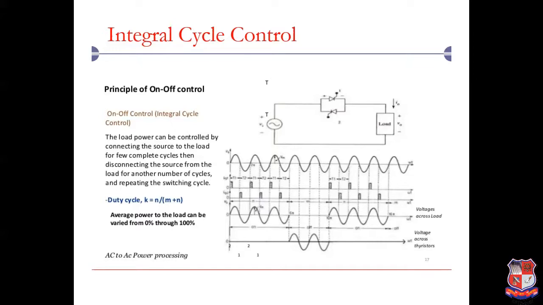For example, N is the number of cycles to be kept on and M is the number of cycles to be kept off. Then the duty cycle in this case can be calculated as duty cycle equals N, number of on cycles, divided by M plus N, number of total cycles. In this type of control, the average power to the load can be varied from 0% to 100%.